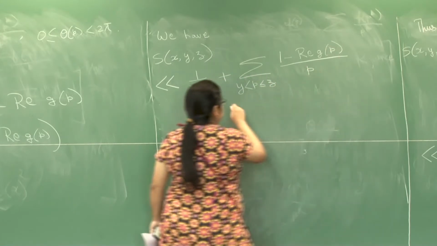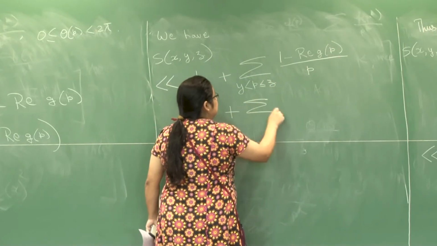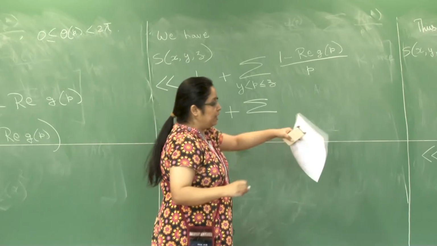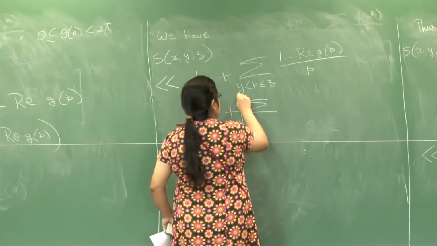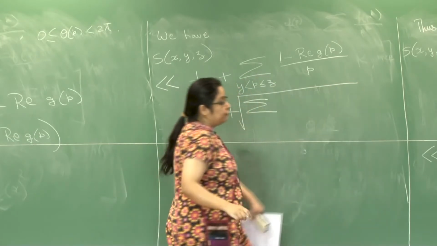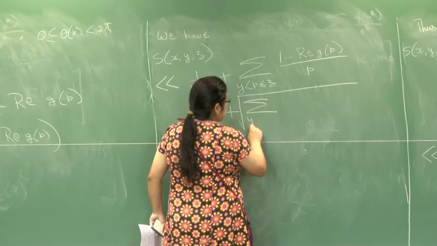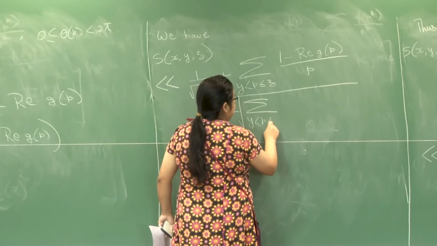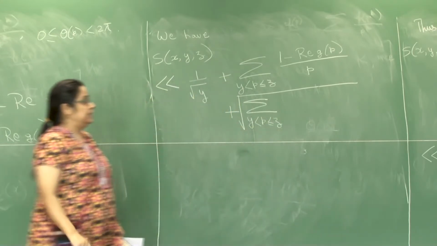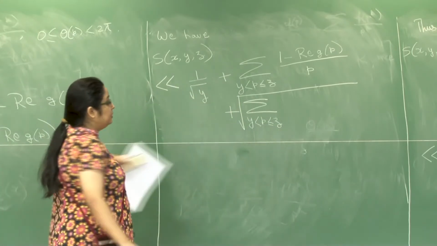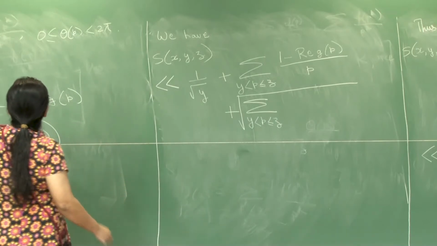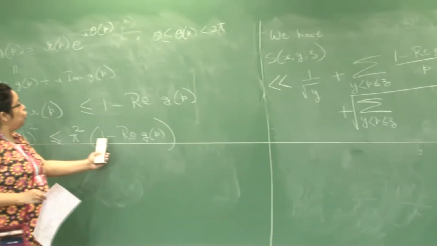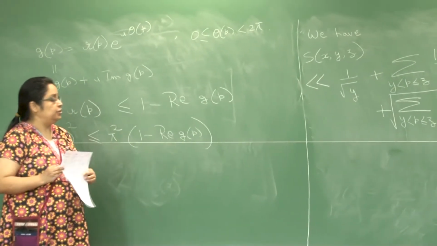over p, plus, now you have the square root of the summation, again p going from y to z, strictly greater than y. You just told me that theta of p whole square is O of 1 minus the real part of g of p.